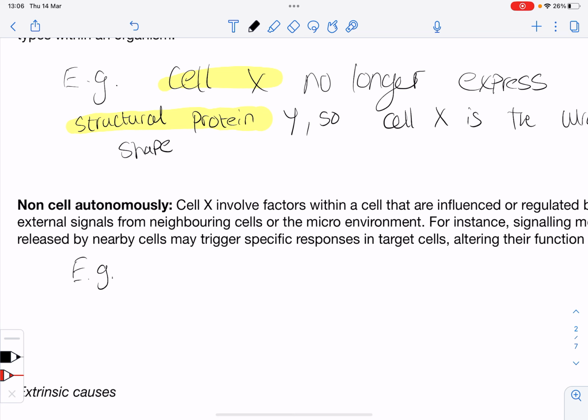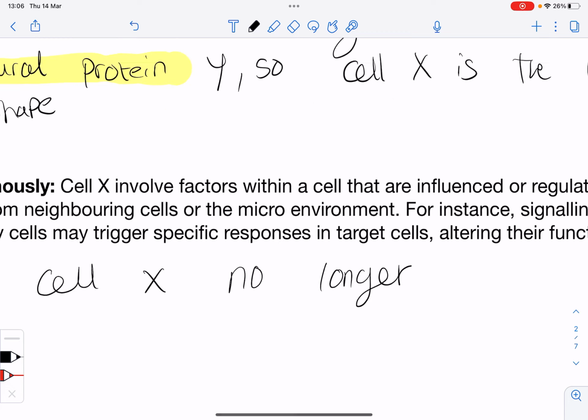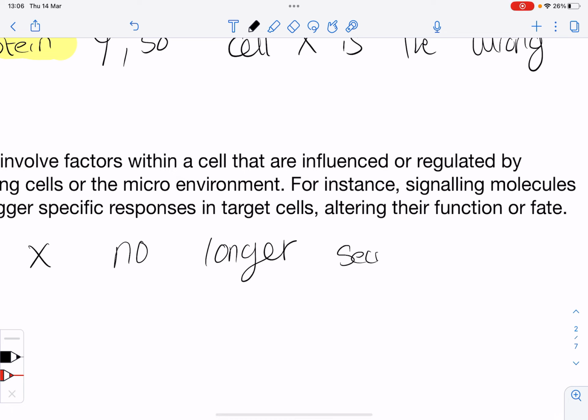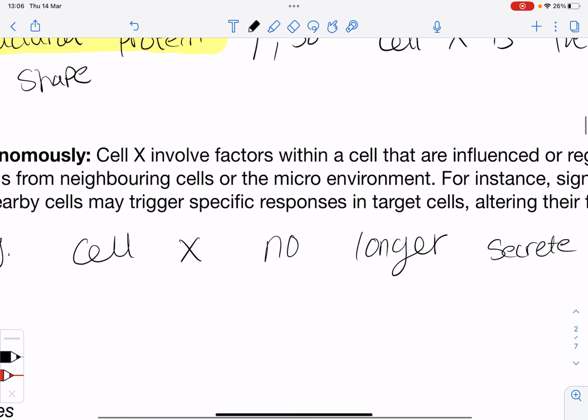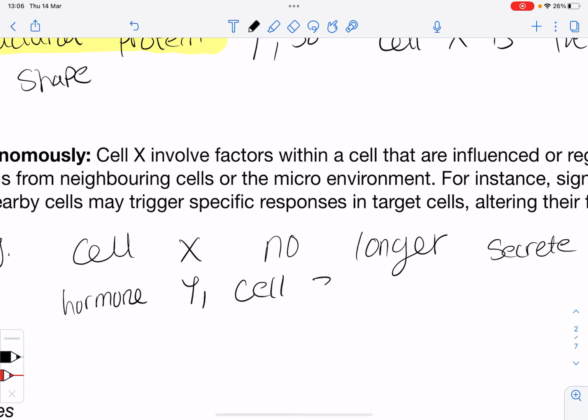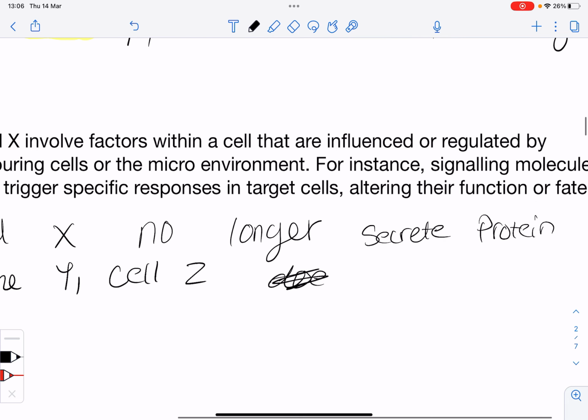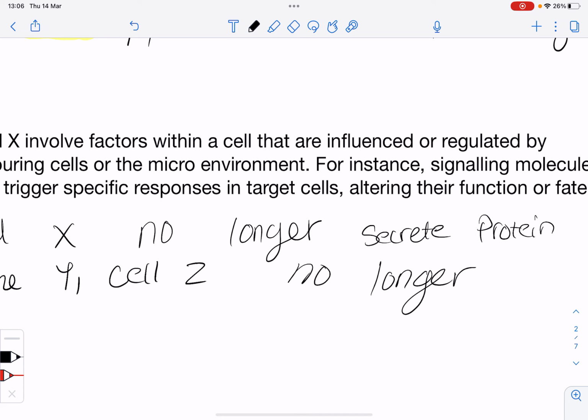Example now, if cell X was to no longer secrete protein hormone Y, cell Z, for example, no longer functions.